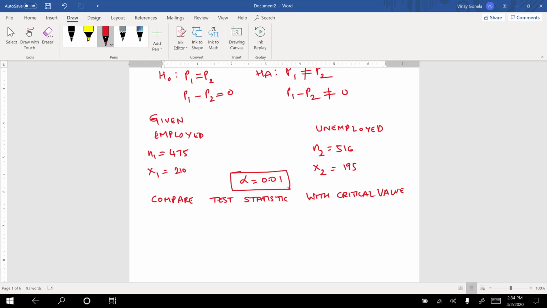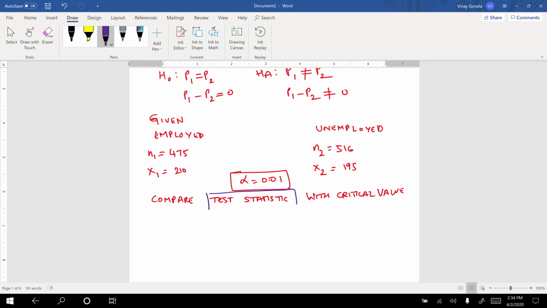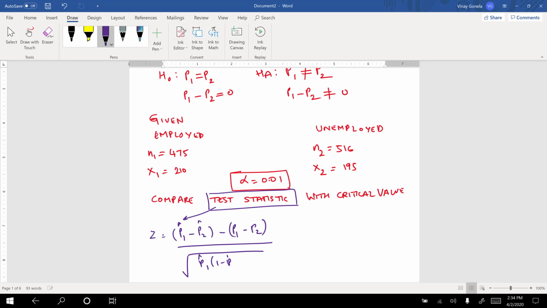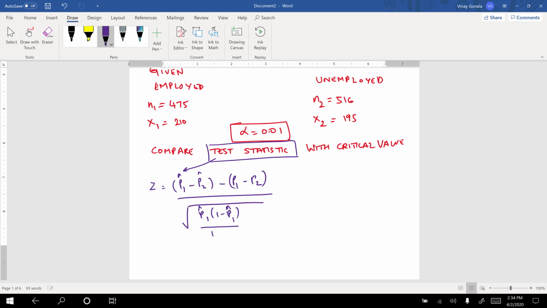So for the test statistic formula, we are using Z because it's a proportion. The test statistic formula is Z is equal to p1 hat minus p2 hat, minus (p1 minus p2), divided by the square root of p1 hat (1 minus p1 hat) divided by n1, plus p2 hat (1 minus p2 hat) divided by n2.